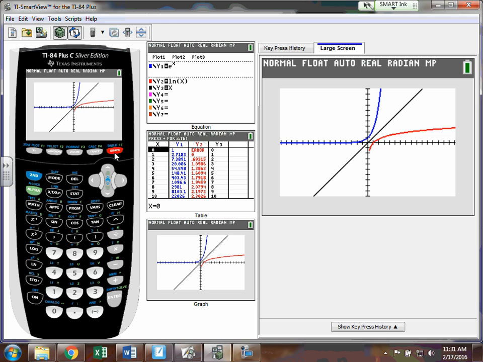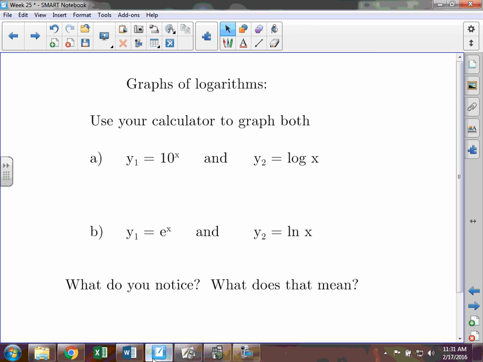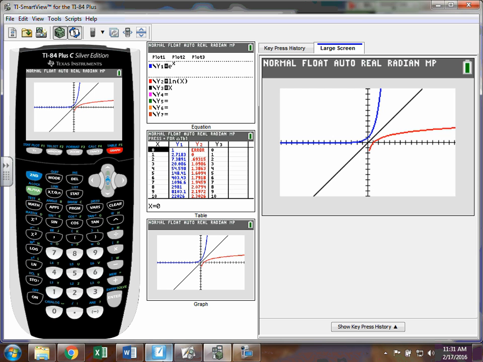An item worth noting, just like before, we have an artifact on the graph with the logarithm, the natural log of x. At this point, we've gotten x values that are so small, the calculator can't determine their y values anymore.